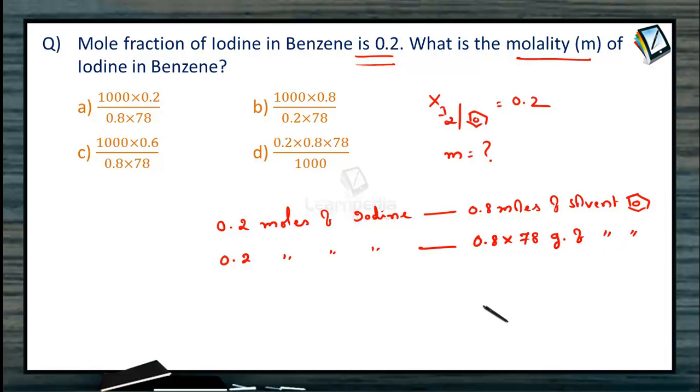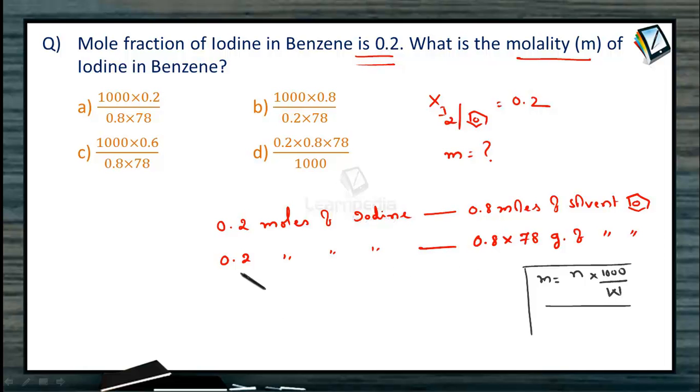What do we need to find? Molality. What is molality? We know that molality m is equal to number of moles of solute, say n, into 1000 by weight of the solvent in grams. So in this case, number of moles of iodine into 1000 by weight of the solvent in grams.